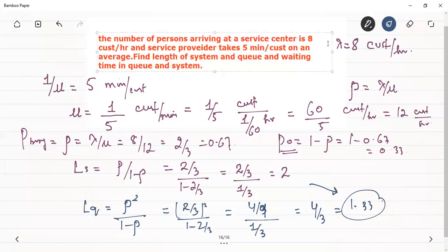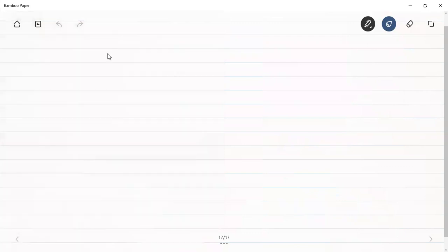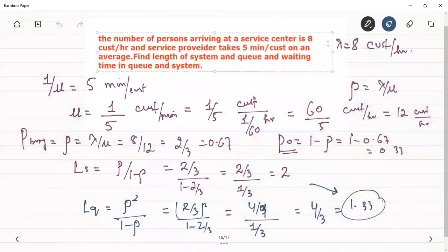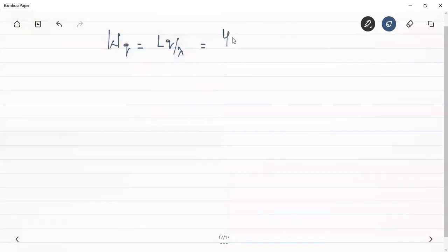Waiting time in the queue and system. Waiting time in the queue is given by LQ by lambda. LQ जो अभी हमने निकाला, that was equal to 4 by 3. There are 4 by 3 customers, and lambda is the arrival rate, that is 8 customers per hour.